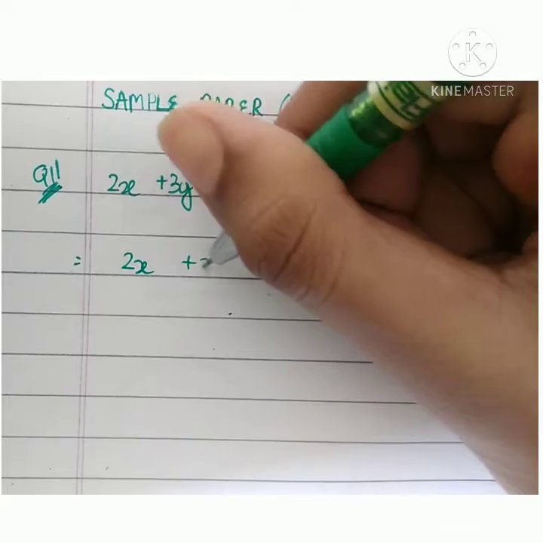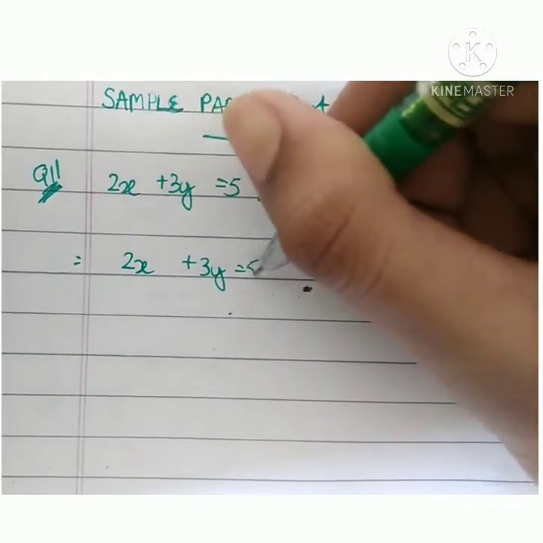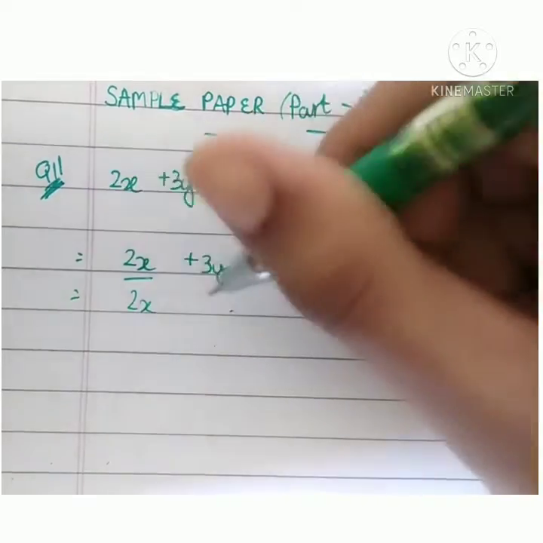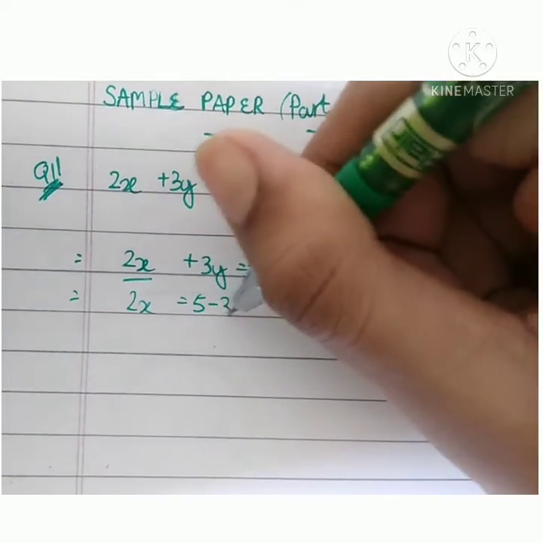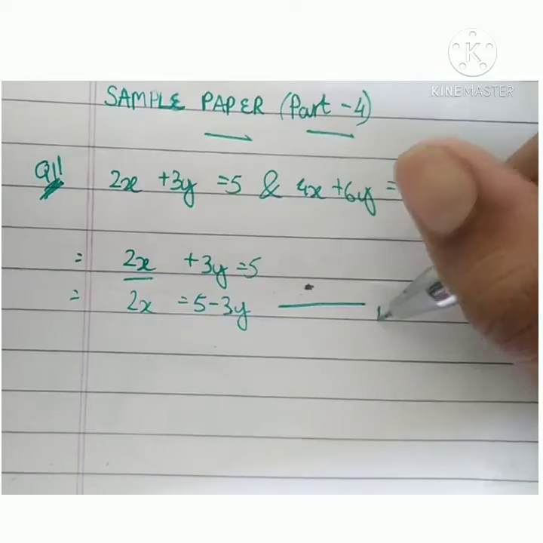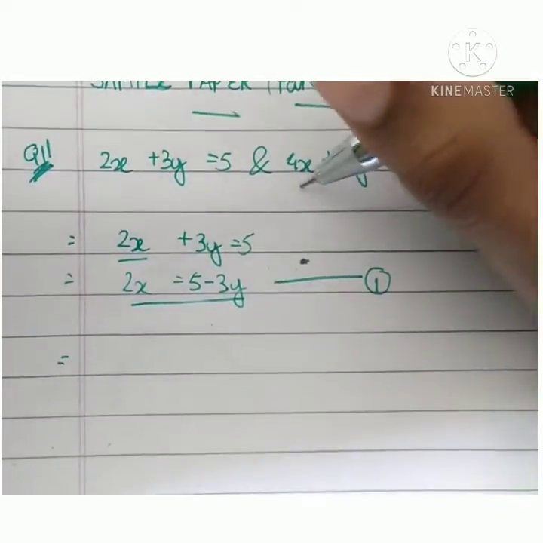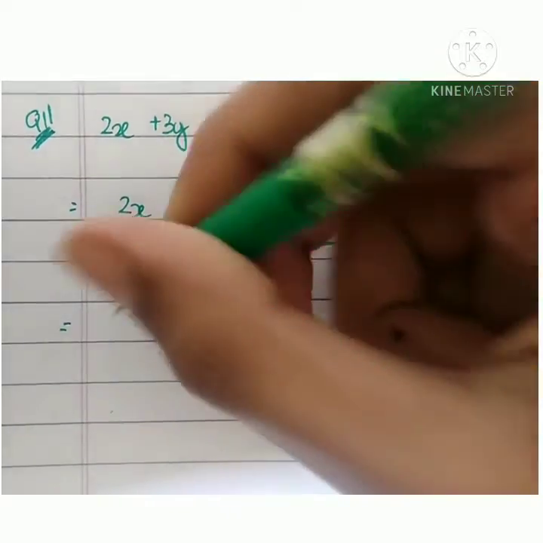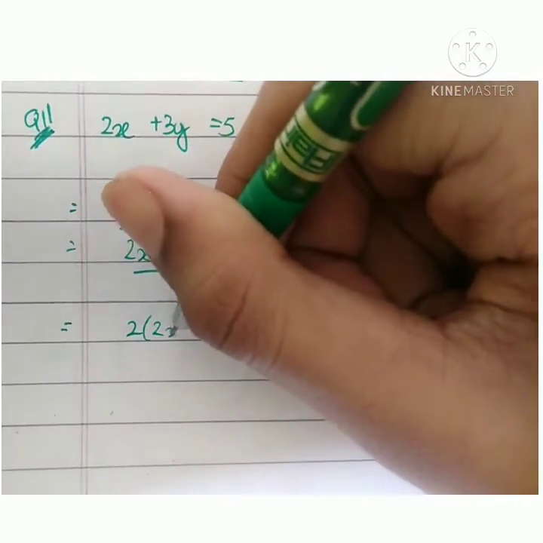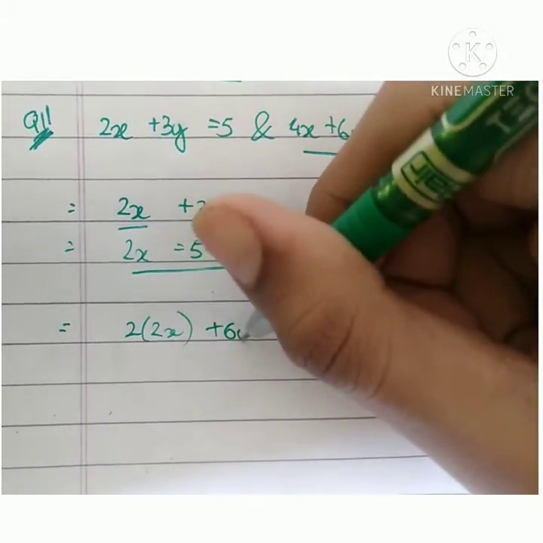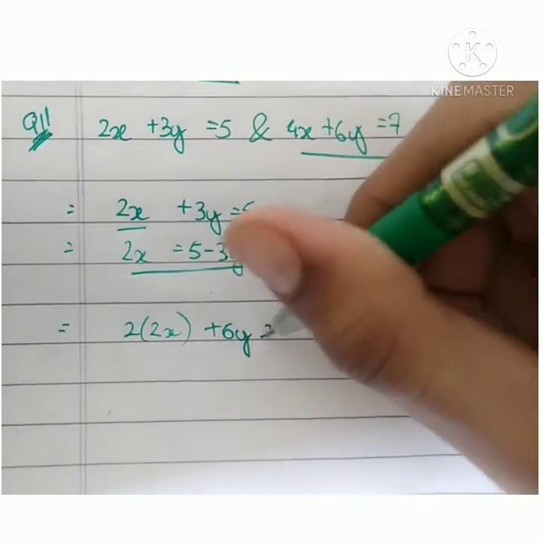2x plus 3y is equal to 5. So what is the value of 2x? 2x is equal to 5 minus 3y. Let's call this equation 1. Now, let's come to the other equation. We can write this as 2 multiplied by 2x plus 6y is equal to 7.